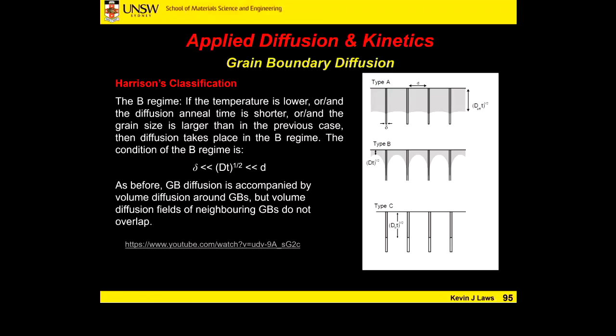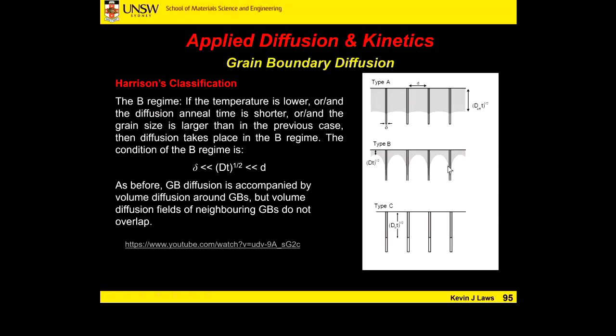So hopefully you can appreciate that if we have a lower temperature, or our diffusion annealing time is shorter, or the grain size is larger than in the previous case, diffusion takes place in this regime here. So basically D_B is overriding D significantly, in the distances at which these atoms can diffuse.